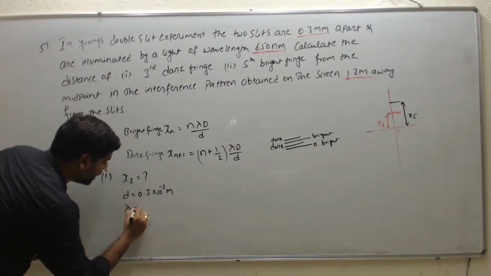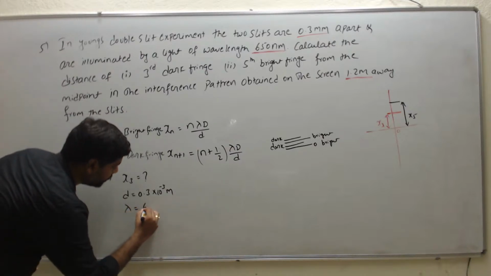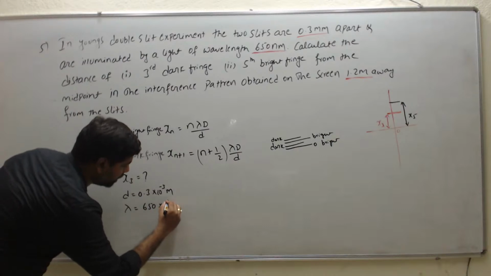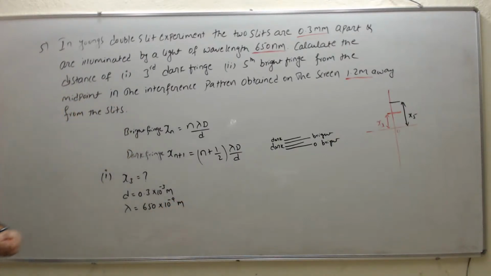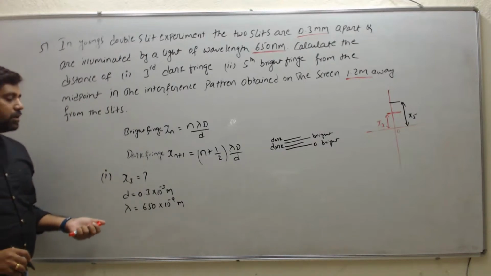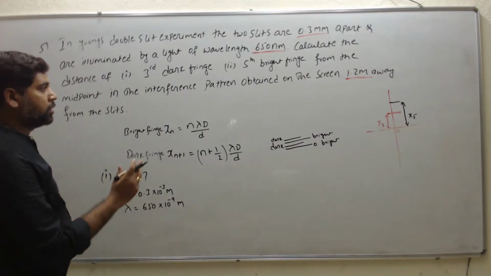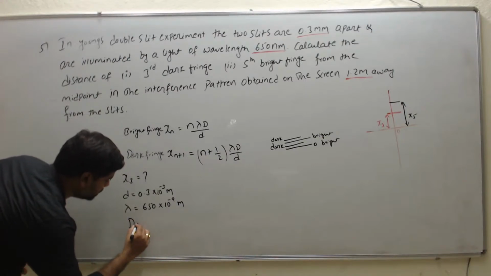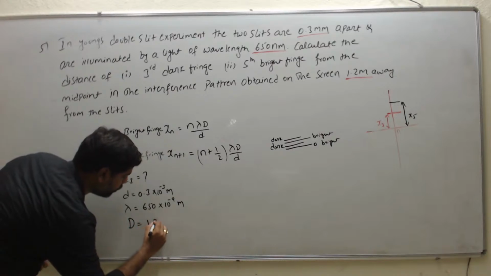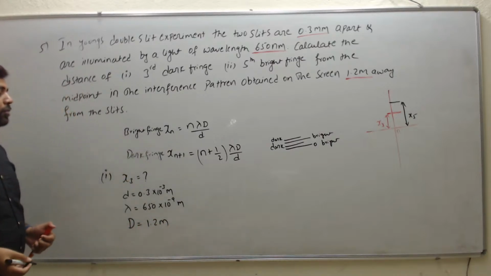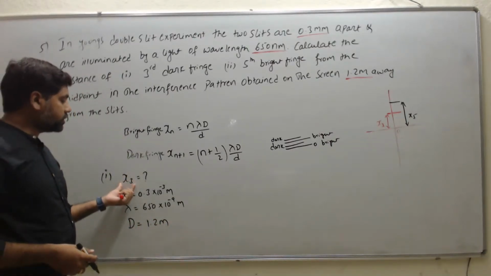Next, the wavelength of light lambda is 650 nanometer, that can be written as 650 into 10 to the power of minus 9 meter. Next, capital D, the distance from the screen to the slit, is 1.2 meter, right? So this is for the first one.